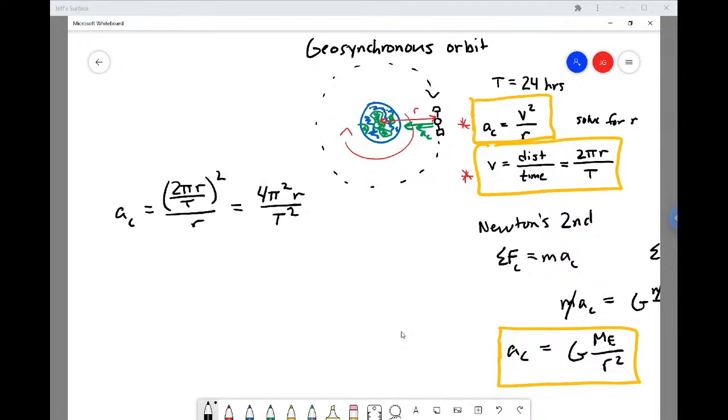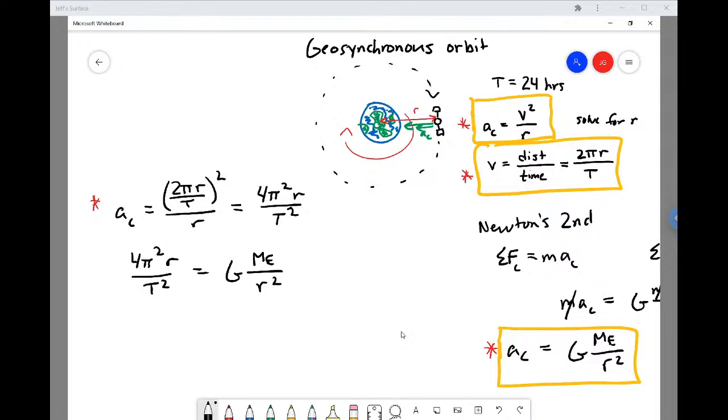Okay, and then now let's equate this expression with this expression. So we have centripetal acceleration equals 4 pi squared r over t squared, and that's equal to big G times the mass of the Earth divided by the radius of the orbit squared.